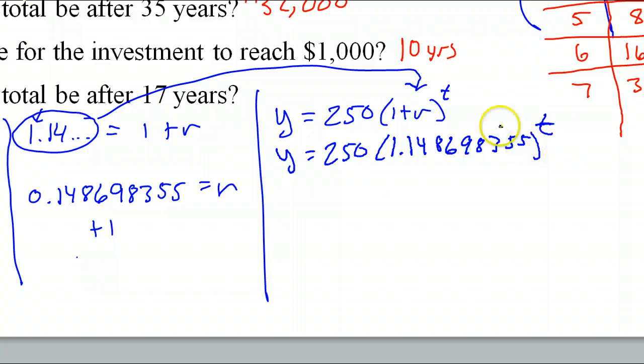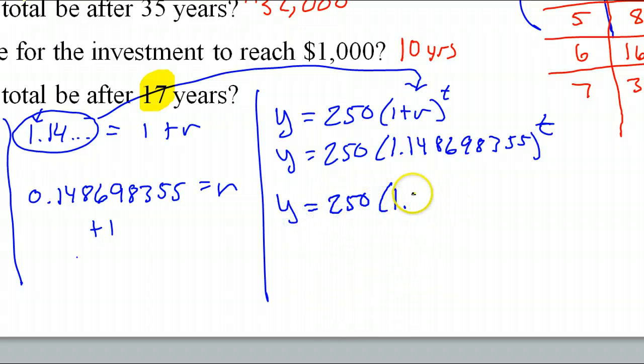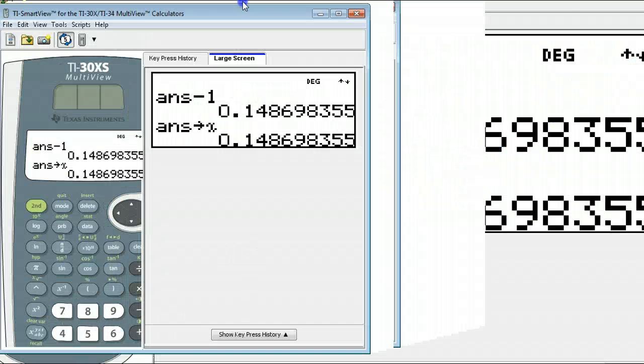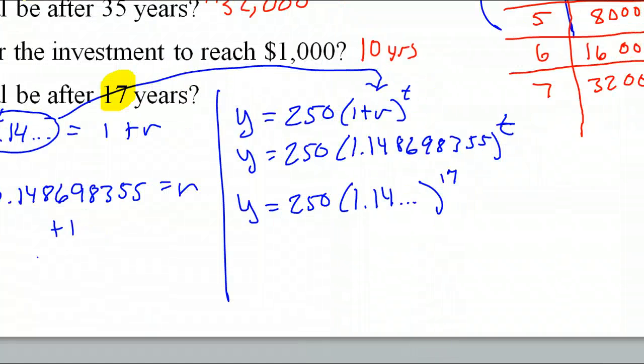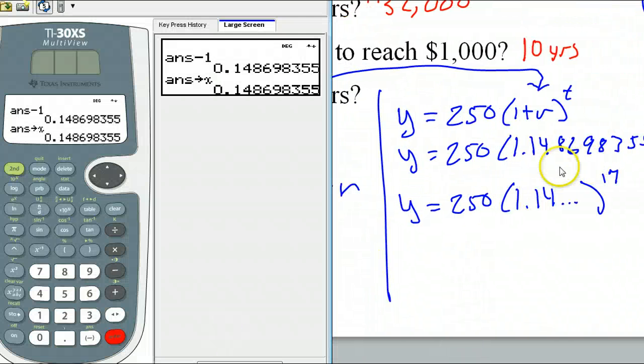Now I can use this formula to figure out what's going to happen in 17 years. So I can let t be 17. So I'm talking about 250 times 1.14, etc., to the 17 power. All right, so this is what I'm going to do. But as far as in the calculator, I could sit here and type in all of those decimals if I wanted to.